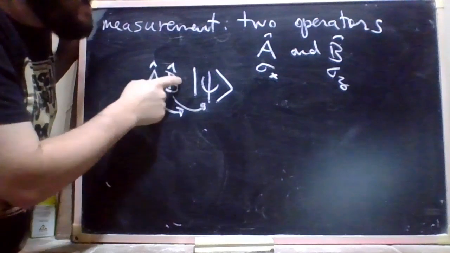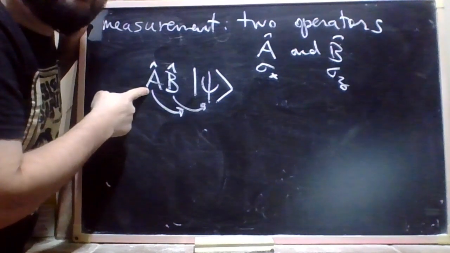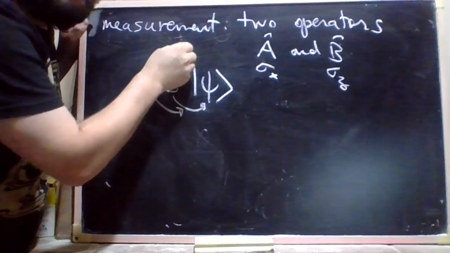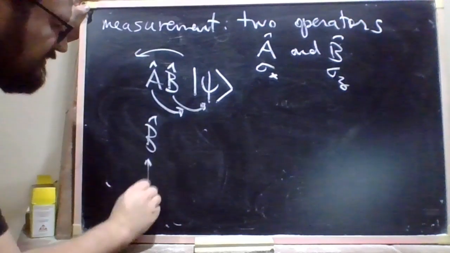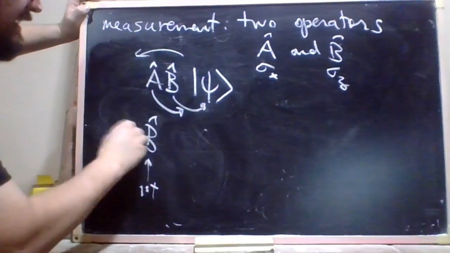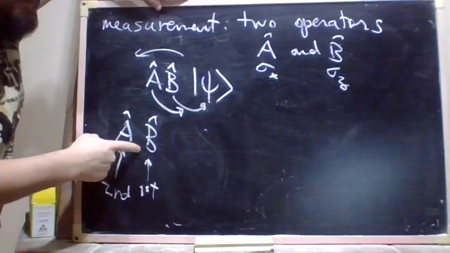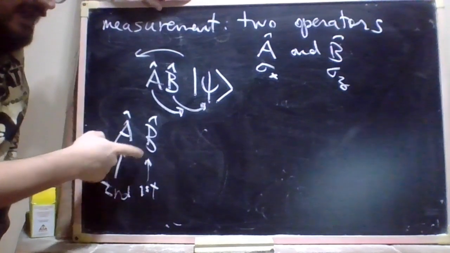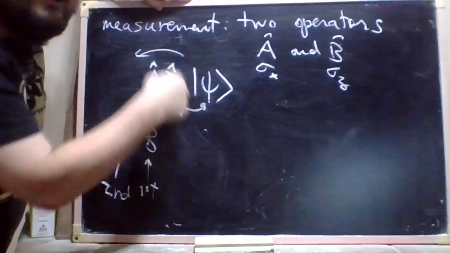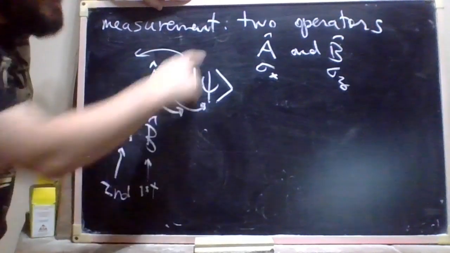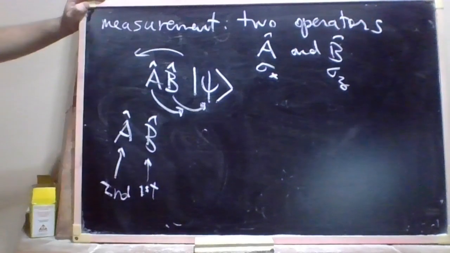So B acts first, and then acts the operator A. You must read the equation from right to left, okay? B first and A second. This corresponds to measuring B first and then A. This is the operation AB, operating on the physical state of the system, the cat representing the initial state of the system, or a given state of the system, all right?